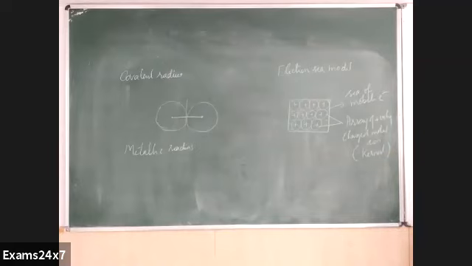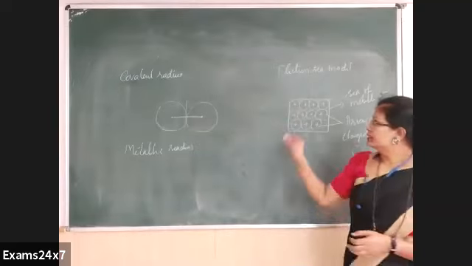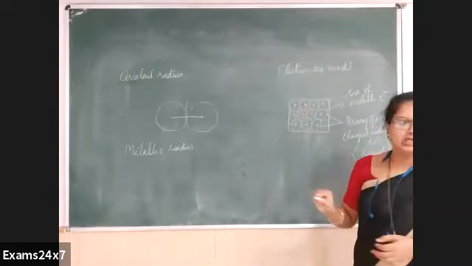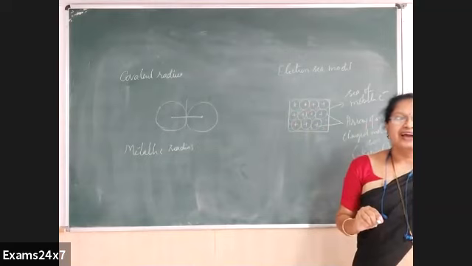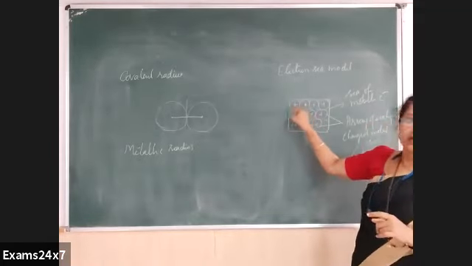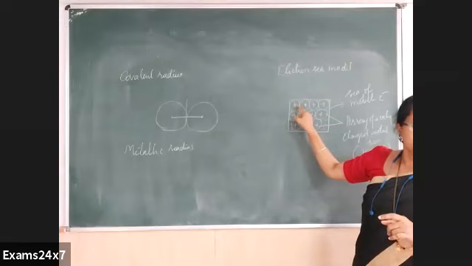Now here, can you define the metallic radius? How would you define metallic radius? Metallic radius is half the distance between the nuclei of two metal ions.